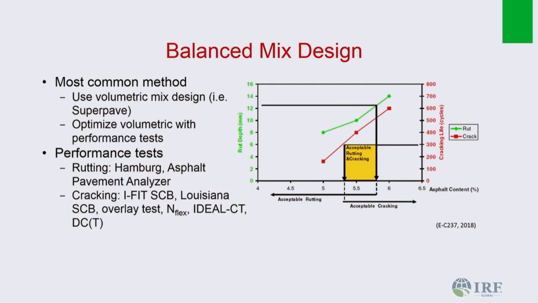And I think tomorrow when we talk about MEPDG, there's also this issue about what is an acceptable rutting and what is the acceptable cracking, because sometimes no matter what you do, there's a minimum rutting that you have. But what is acceptable? Is it, for example, 20 millimeters? If you have 20 millimeters, is it still okay or not okay? So these are issues that you deal with.